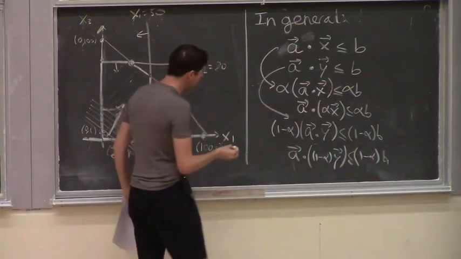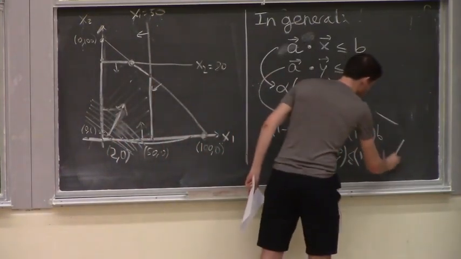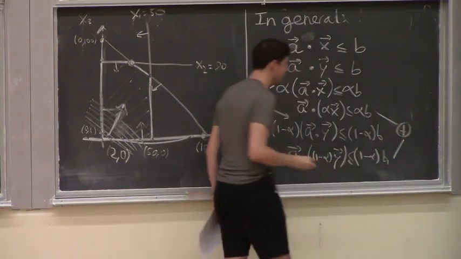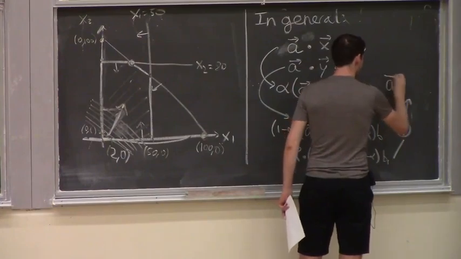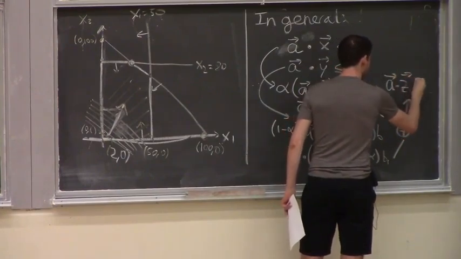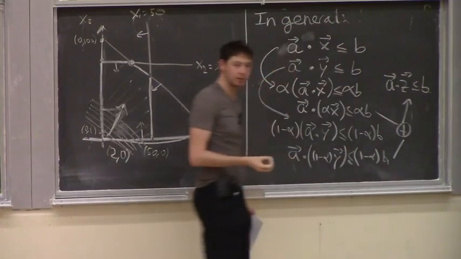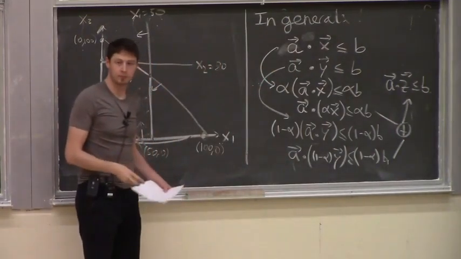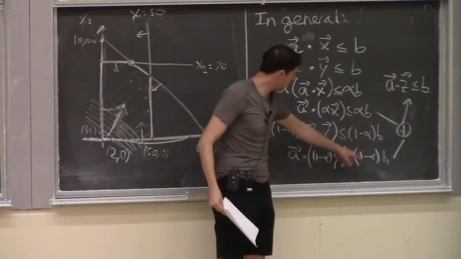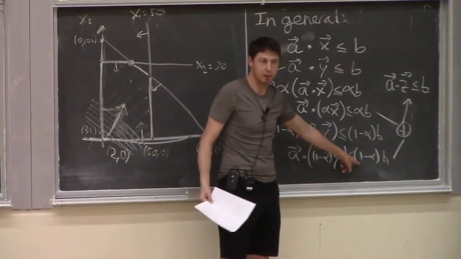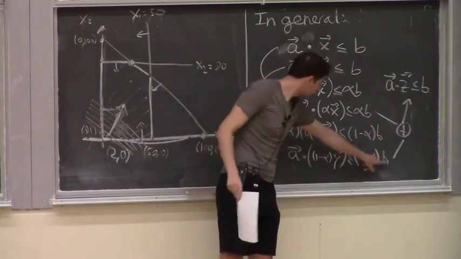Now if I take these two and add them up together, I will get that A dot product z is at most b, because alpha b plus 1 minus alpha b is just b.